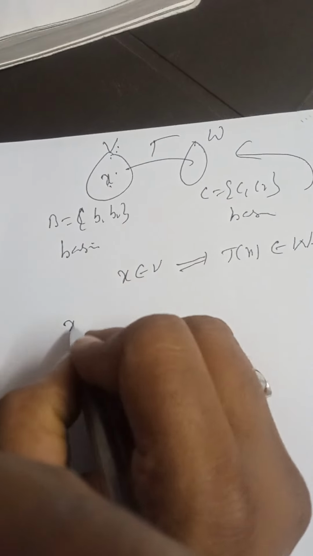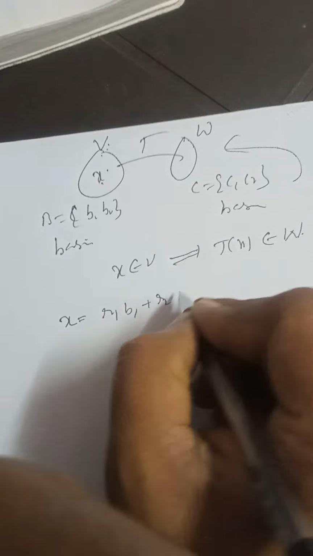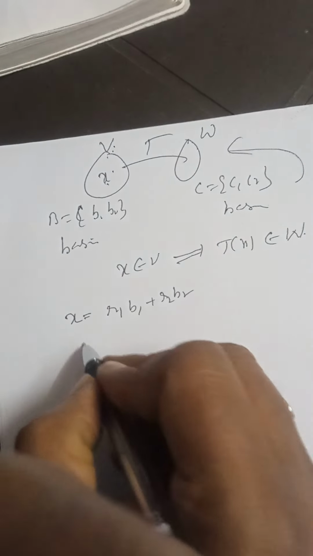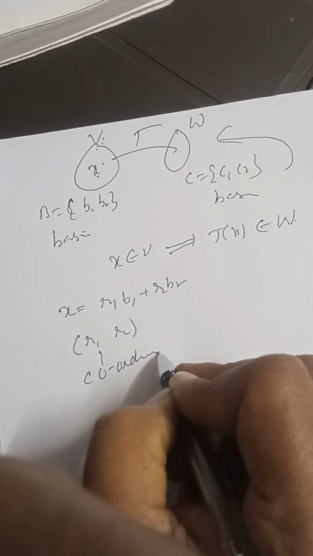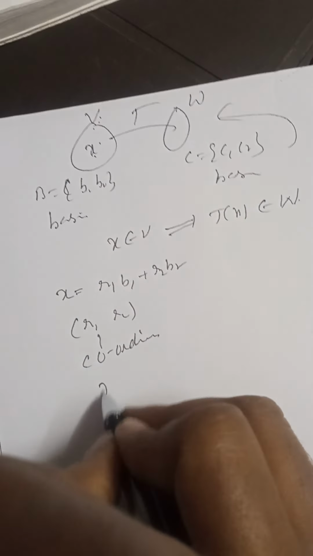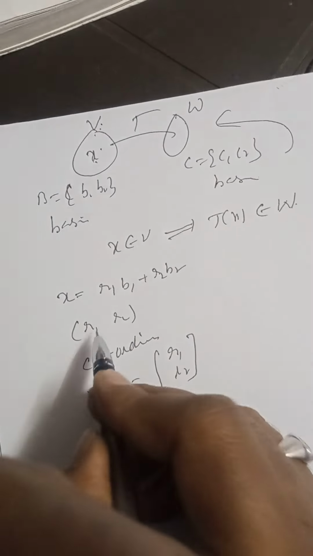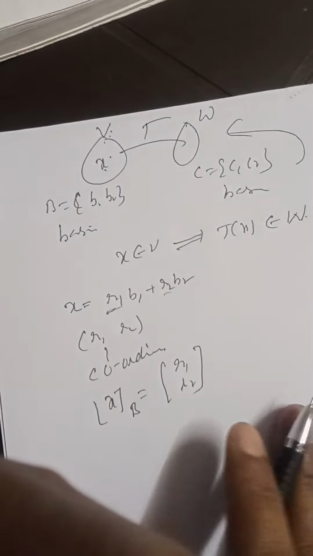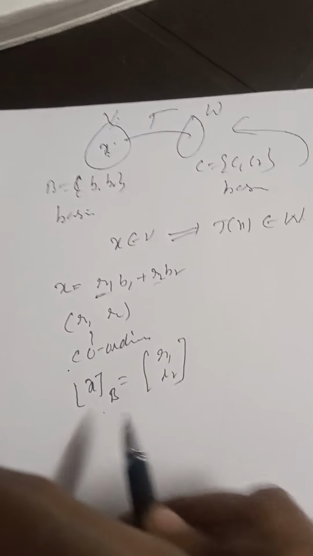Now see here, if X can be written as R1 into B1 plus R2 into B2, no? Here R1 comma R2 are called coordinates, right? Therefore XB is equal to R1, R2. The scalar values are called the coordinates of the vector relative to the basis B.